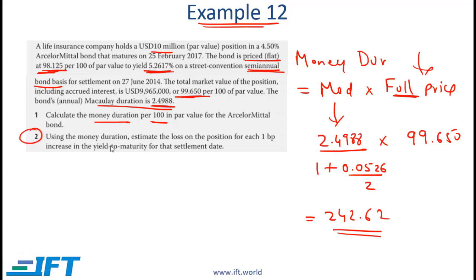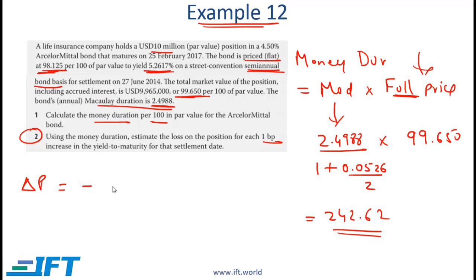Question 2 then is, using the money duration, estimate the loss on the position for each 1 basis point increase in the yield to maturity. As discussed on the previous slide, the change in value of the bond is equal to the money duration, and we actually use negative.